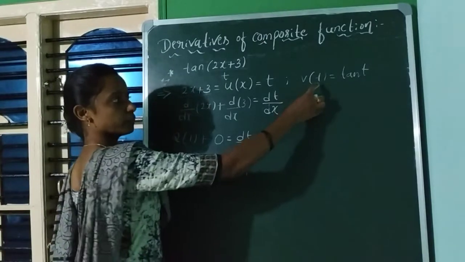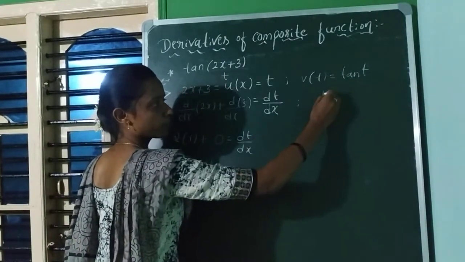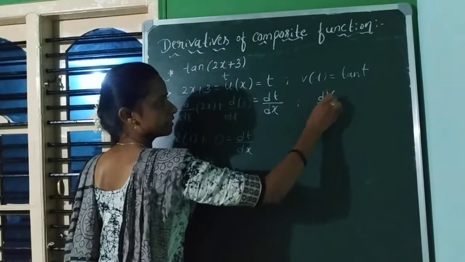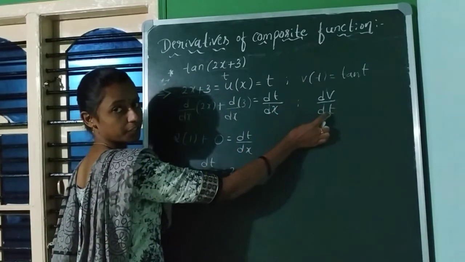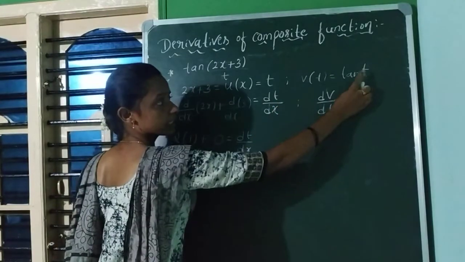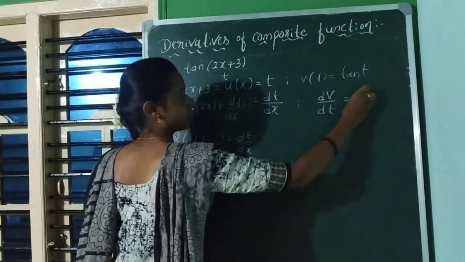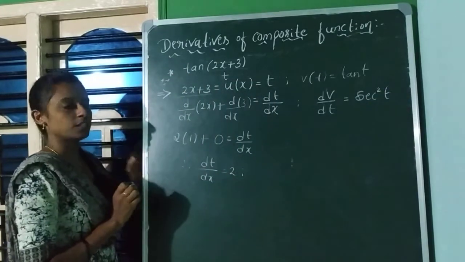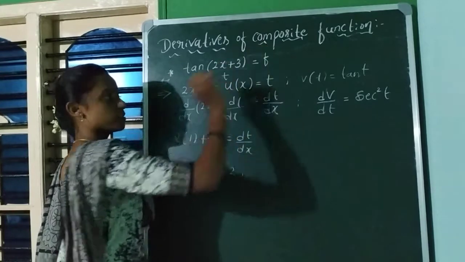Okay. Now you need to differentiate this v with respect to t. Therefore, I will write dv divided by dt. You need to differentiate v with the variable t because it is a tan function of the variable t. The derivative of tan is secant square, with the variable t.